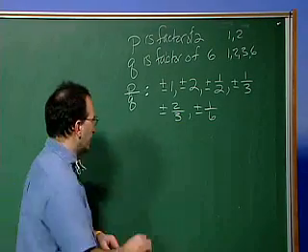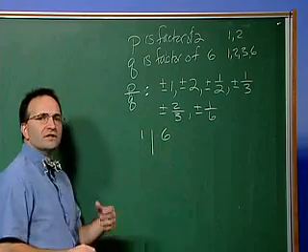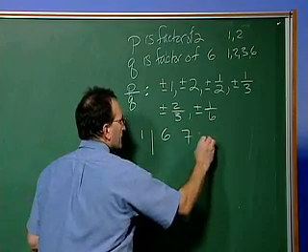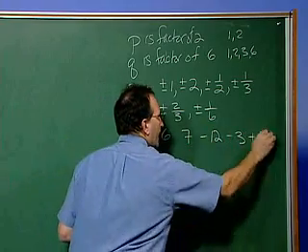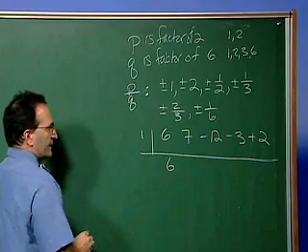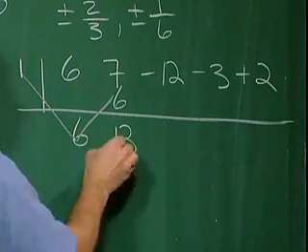So what we have is we're going to divide by 1, and the coefficients of our polynomial are 6, 7, -12, -3, and +2. So for synthetic division, we bring down the 6, multiply times the 1, add these together for 13.